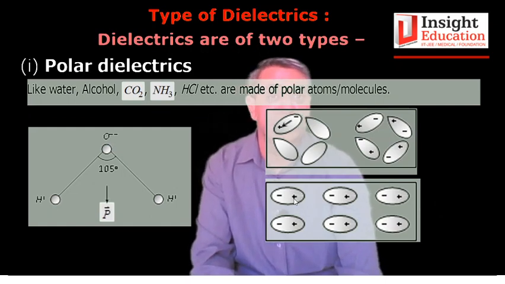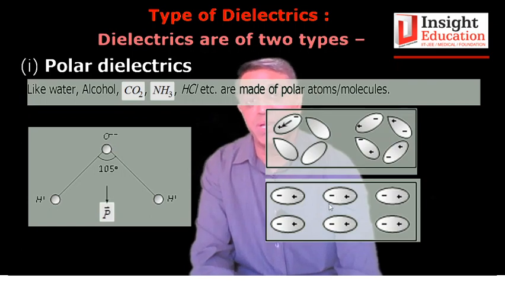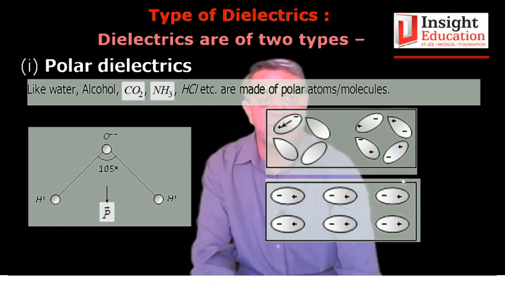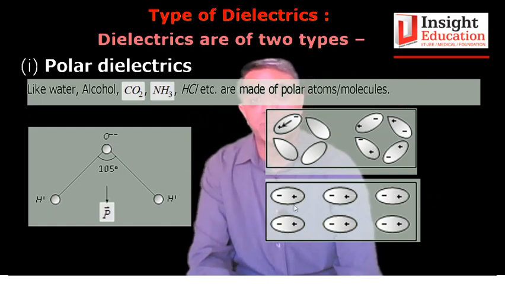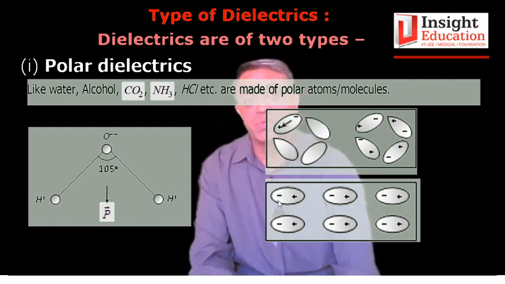Actually, this positive cloud will interact with negative charge. So it will nullify the effect. Similarly, here positive and negative, the effect will be nullified. But on the surface, you can see there are negative charges. On the another side, there are positive charges. So when the field is applied, because of polarization, surface charges will be induced.